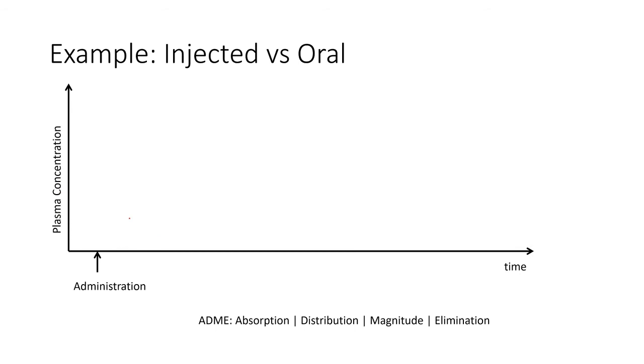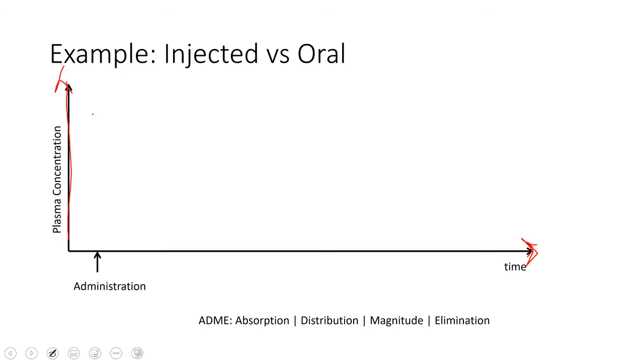And so what is the difference, apart from route of delivery, between an injected dose and an oral administration? We have plasma concentration on the y-axis and time on the x-axis.